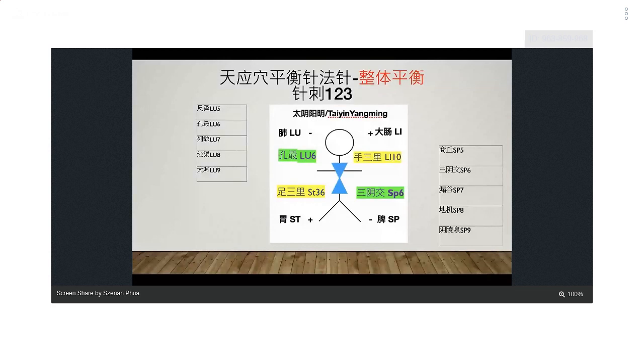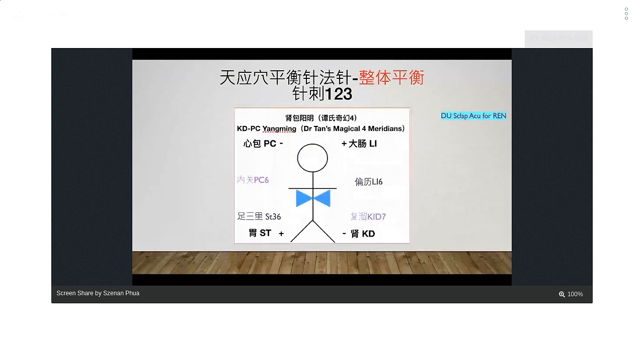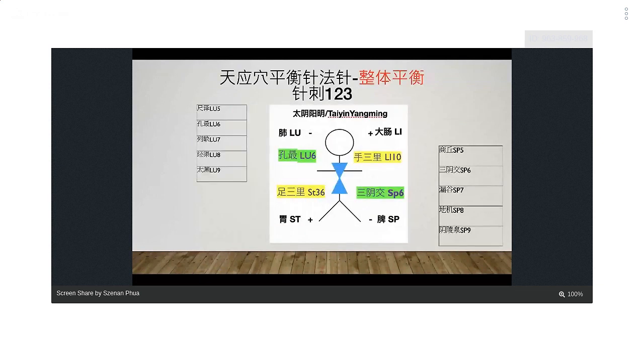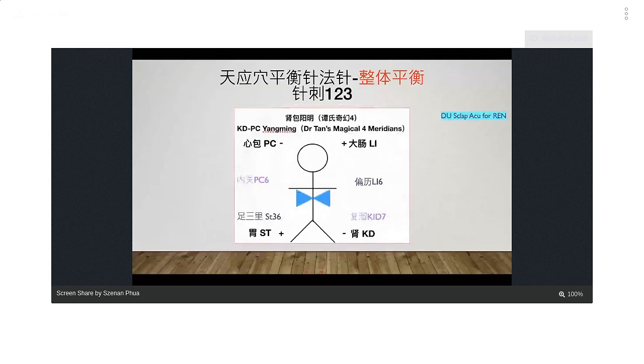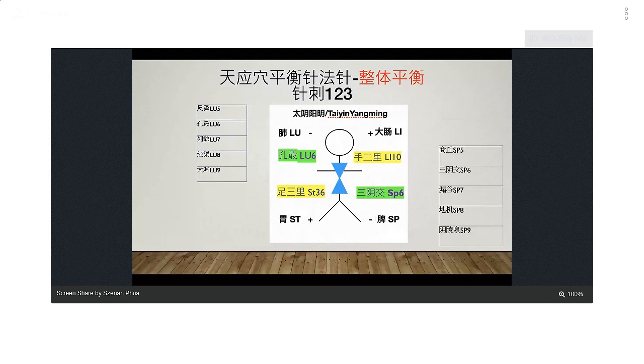In large intestine, you can needle large intestine 6 or large intestine 10 or 2-point needle at the same time. And on kidney 7, you can needle kidney 7 as well as spleen 6 together.